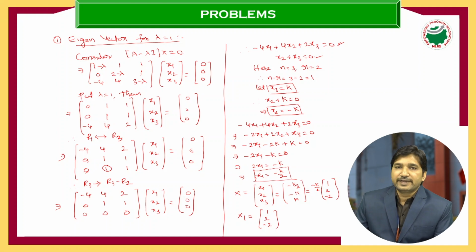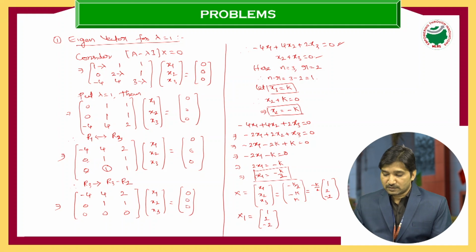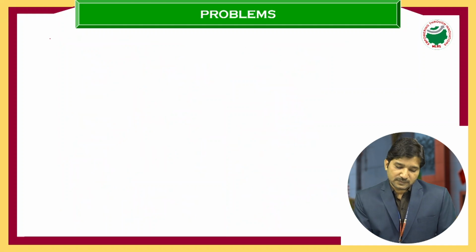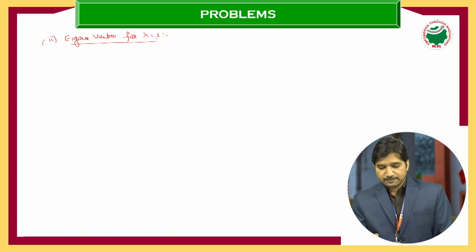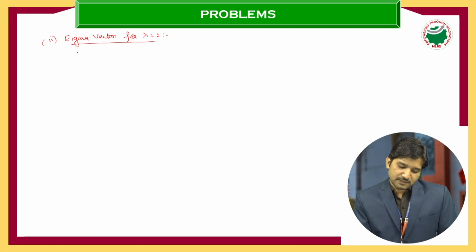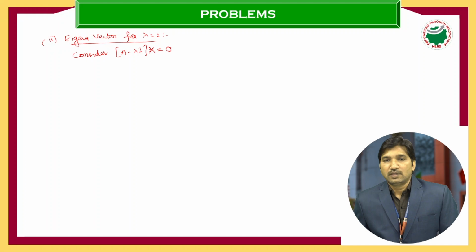Next we have to find the eigenvector for lambda equal to 2. Same thing: the characteristic equation, consider (A minus lambda I) x equal to 0.